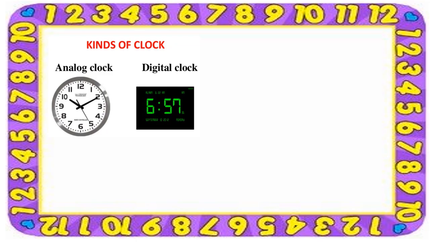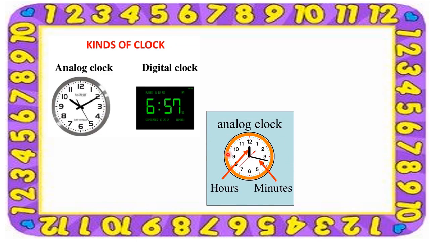In an analog clock we have an hour hand and a minute hand, 2 hands. One is the short hand and one is the long hand. The short hand is called the hour hand and the long hand is called the minute hand.